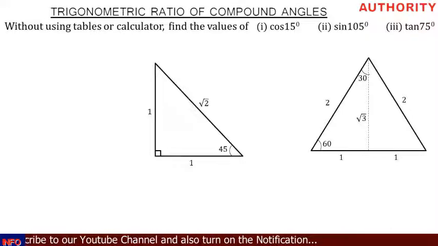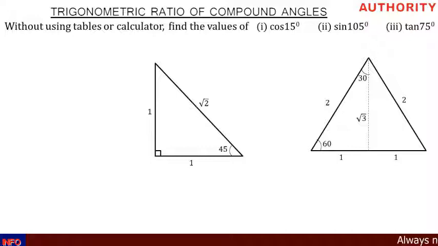In the equilateral triangle, all the sides are 2, 2, 2, with the base split into 1 and 1, and we have angle 60, angle 30, and the center line is root 3. This shape is very easy to draw. I just want you to get it.